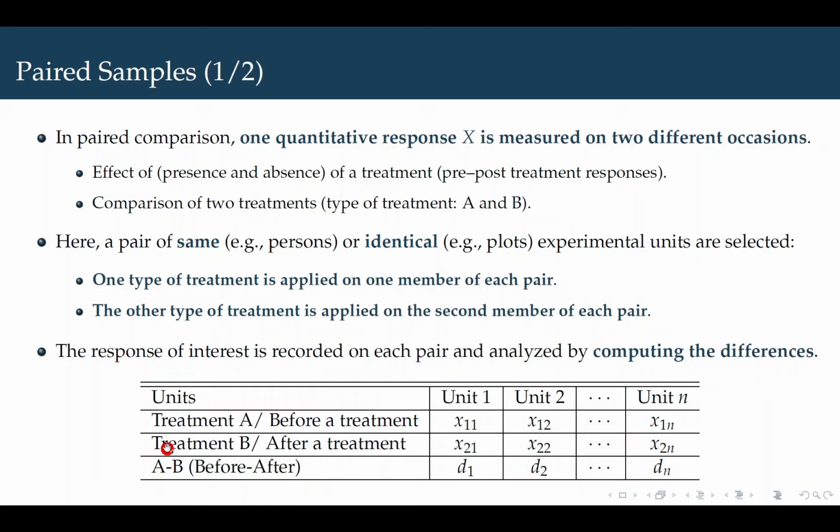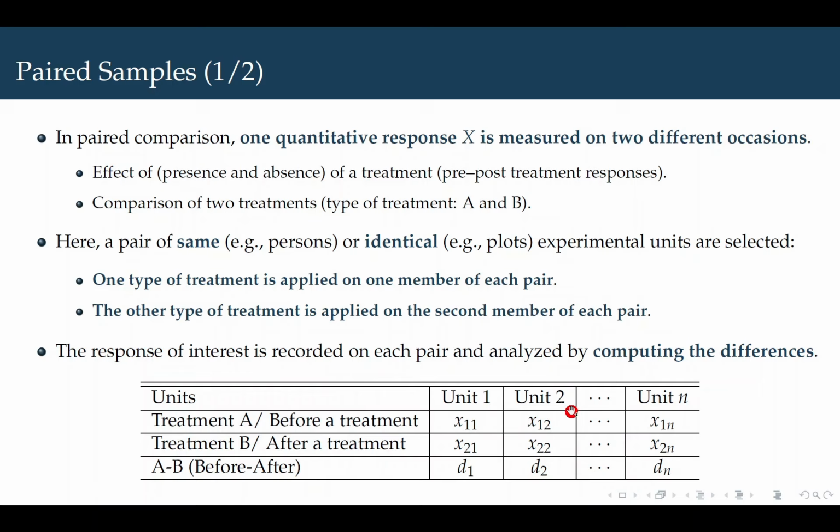For example, if we have two types of treatments, treatment A and treatment B, and we have n experimental units, then for experimental unit 1, x11 may be the response of interest after applying treatment A, then x21 can be the response of interest after applying treatment B. So here these two observations x11 and x21 are extracted from unit 1.